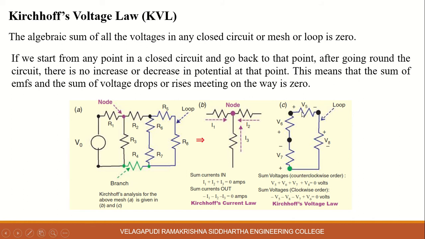Suppose clockwise direction, then minus V5 minus V8 minus V7 minus V6 equals 0. So this is the explanation of Kirchhoff voltage law, and the earlier one is the explanation of Kirchhoff current law.